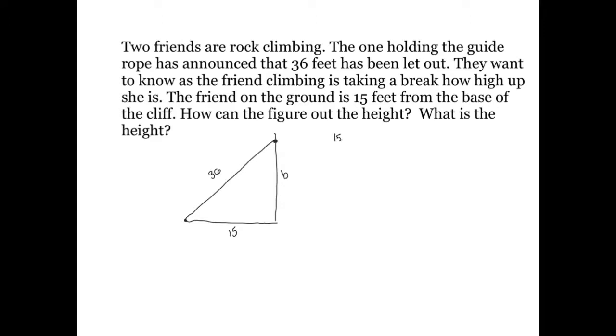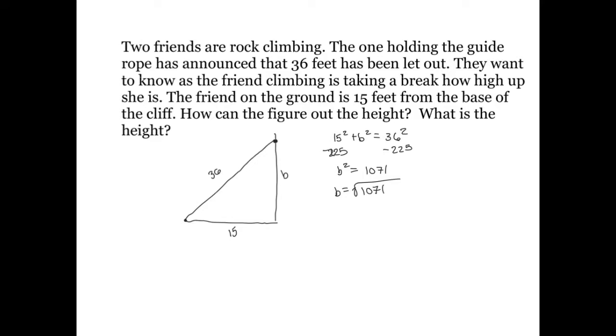So again, we have 15 squared plus b squared is equal to 36 squared. Subtract the 225 from both sides. So we get b squared is equal to 36 squared minus 225, which is 1071. So b is equal to the square root of 1071.